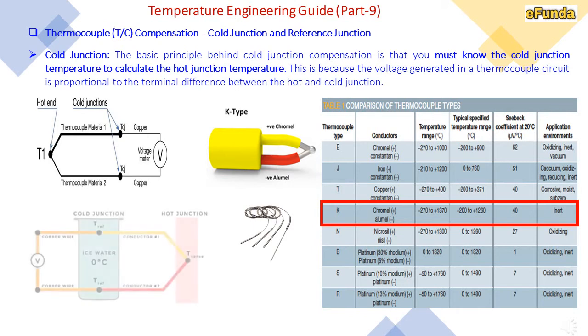Similarly, in the figure this cold junction compensation is done through ice water at 0 degrees Celsius, where we have defined the temperature of this ice water and the hot junction is also connected. This is how the compensation is achieved in the thermocouple.